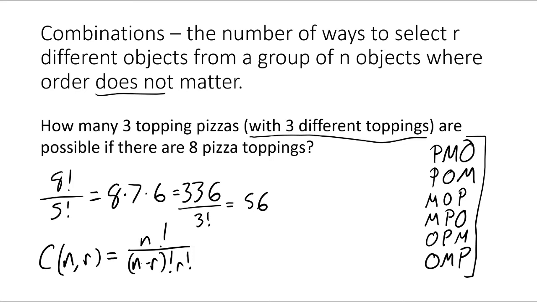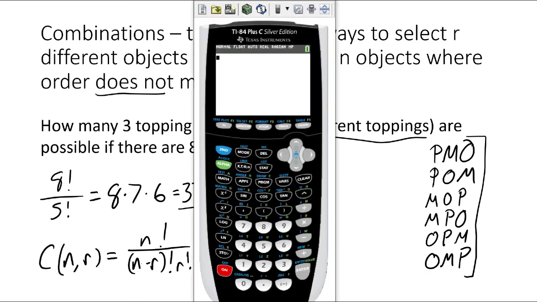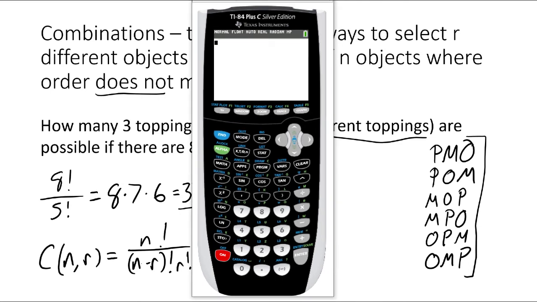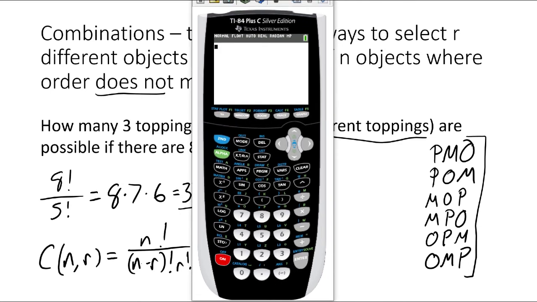Now, we can calculate combinations and permutations and factorials using our calculator. So, let's see. Let's move that up a little bit. There we go. So to do this, it does depend on what version of the calculator you have.